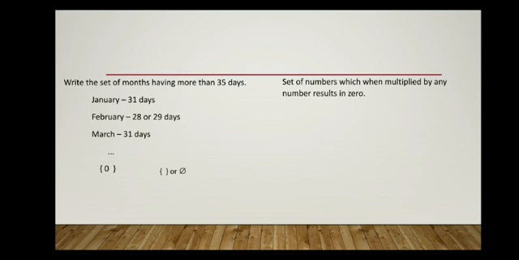So what is that number? 0 is the only number that gives 0 when multiplied with any number. So this set is represented like this. Here 0 is the element of the set, and 0 is the only element of the set. So this is a singleton set.